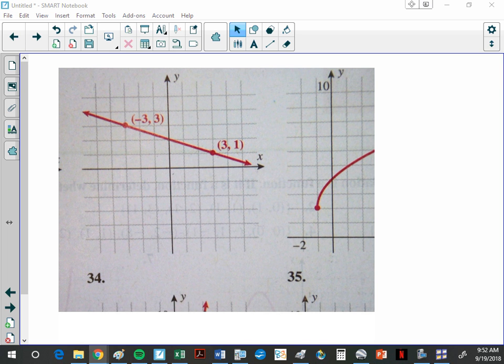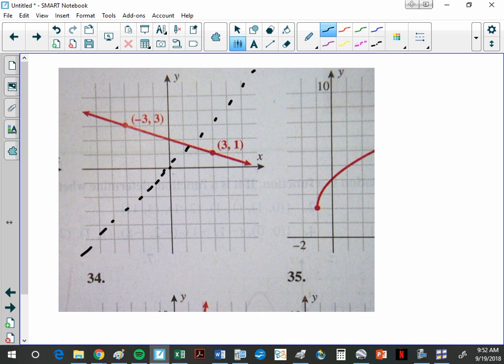Okay, so number 30. We need to draw that 45-degree line, and then 3 comma 1 gets turned into what? If I invert it and I switch the x's and y's, it turns into 1 comma 3. And you'll notice that this line and this line are the same length. Oops, that's a 4.